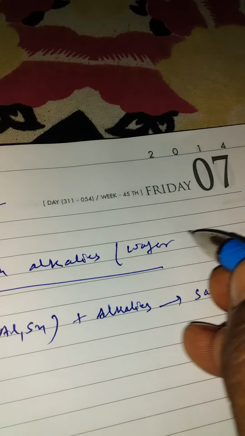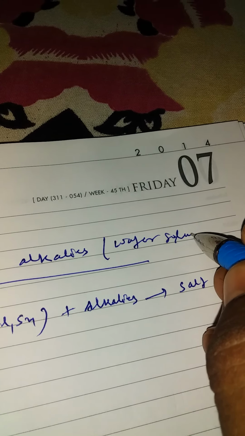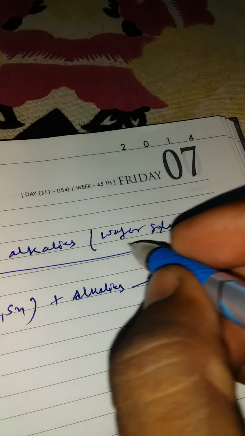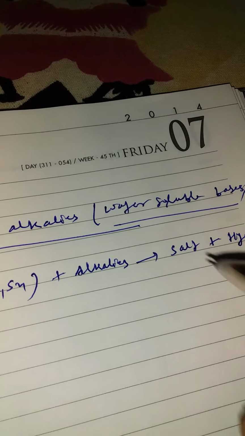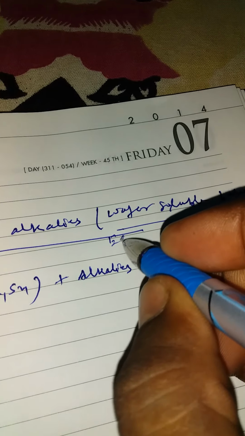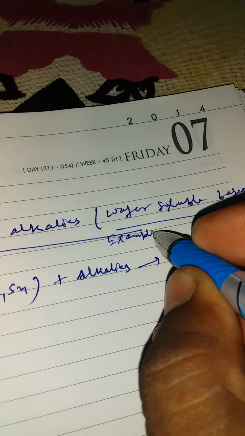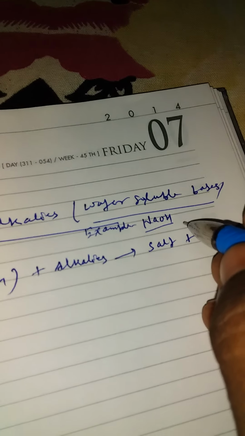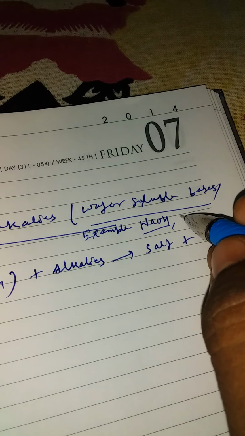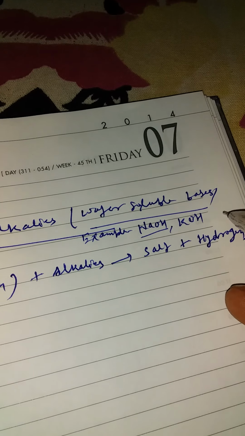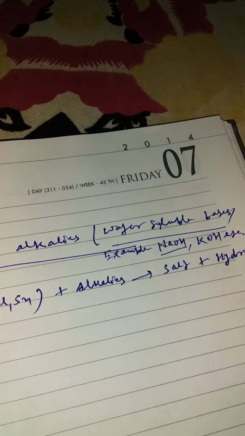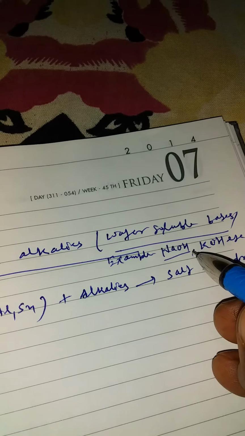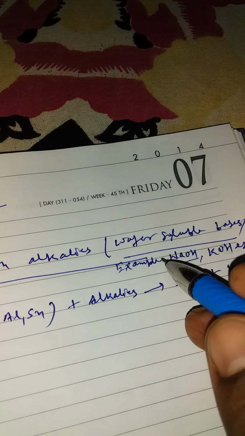Water soluble bases are known as alkalis. Just for example, NaOH, sodium hydroxide, potassium hydroxide, etc. are alkalis because this base is soluble in water.